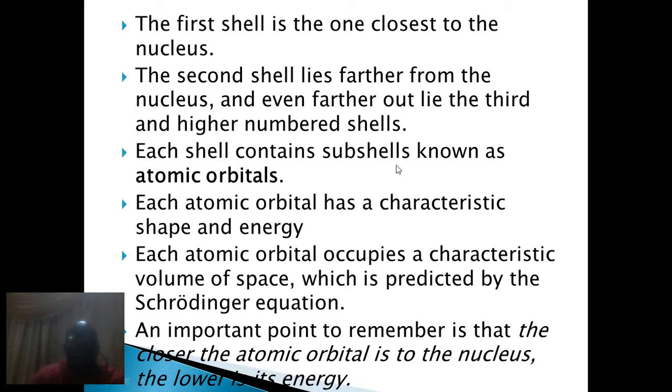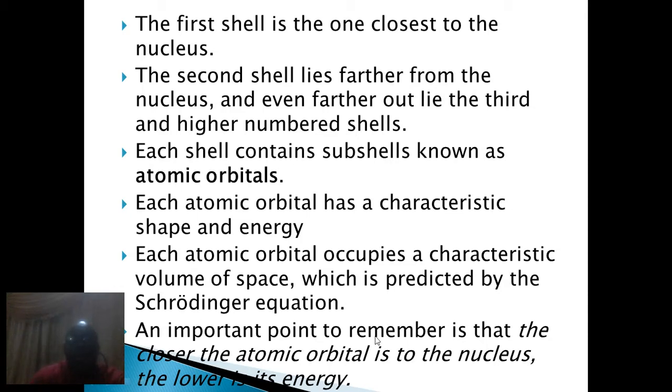Each shell contains subshells known as atomic orbitals. Each atomic orbital has a characteristic shape and energy. Each atomic orbital occupies a characteristic volume of space, which is predicted by the Schrödinger equation.